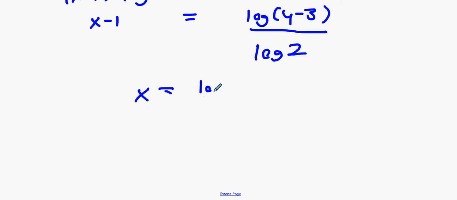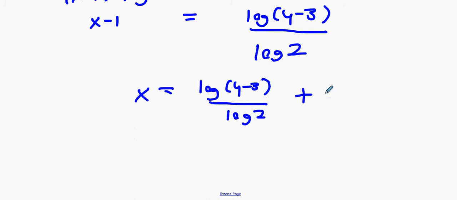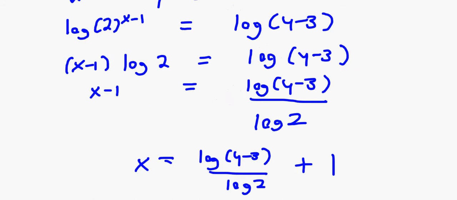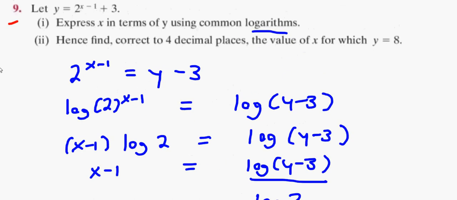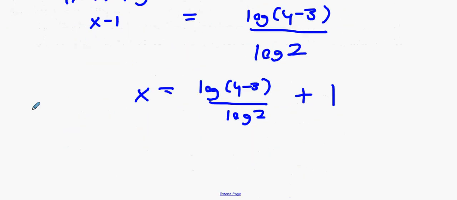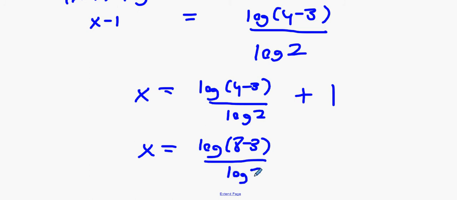Log y minus 3 over log 2, plus 1. And what's part 2 want from us? Put in y equals 8, and you want the answer to 4 decimal places apparently.